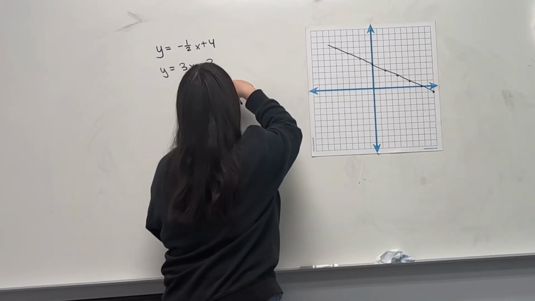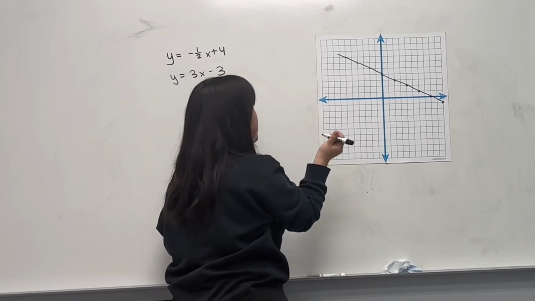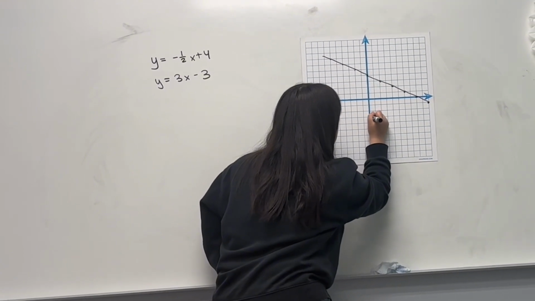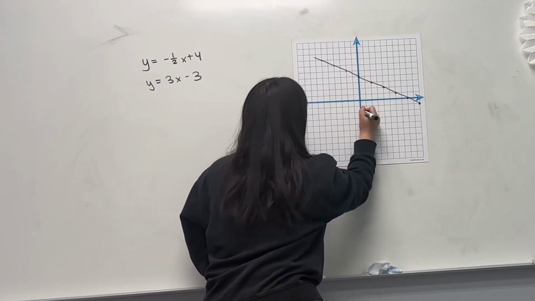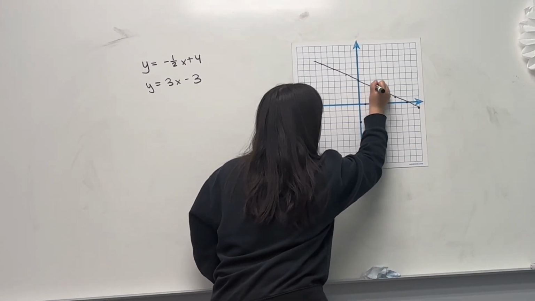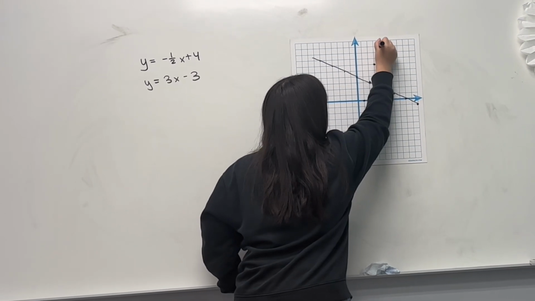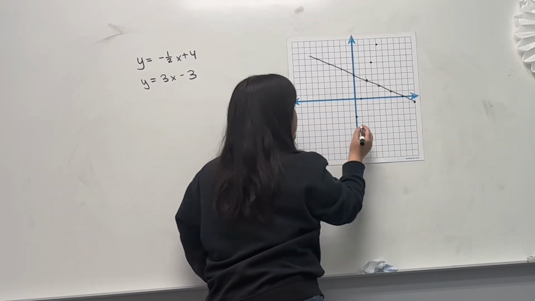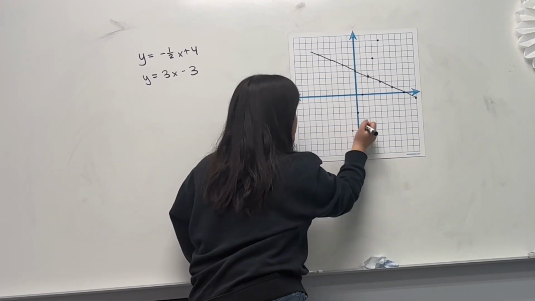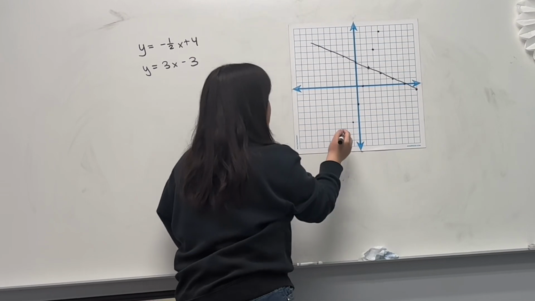And then the next one, this one is just a normal one with just a number for the slope. It starts with -3, so right here. And then up by 3, and 1. We could still go down, but it's not necessary because we already have our intersection. But I'll just do that.